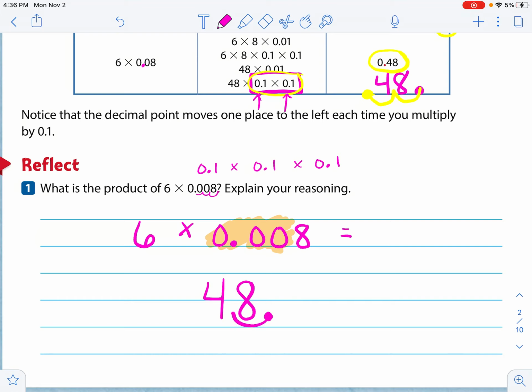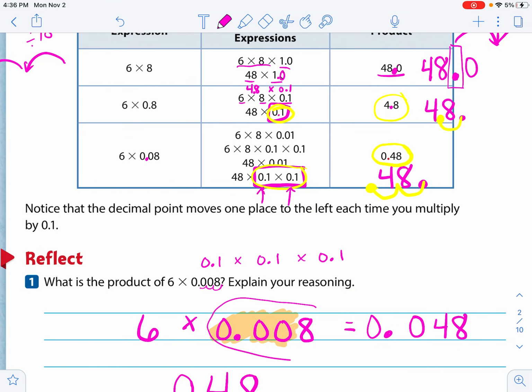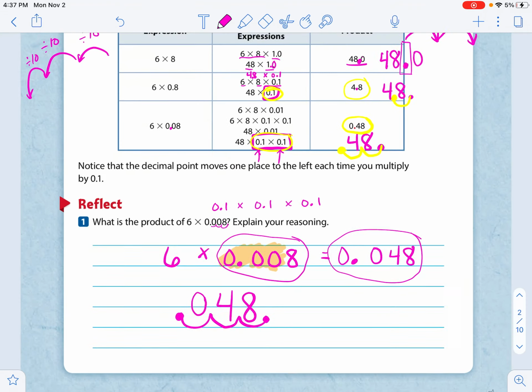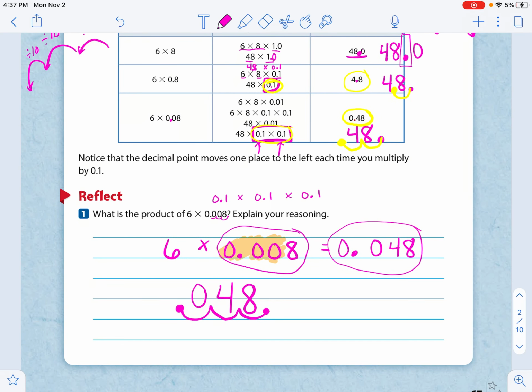So we're going to go 1, 2, 3 places and put in our 0 in that place value holder. So our answer to this one is now 48 thousandths. Each time this number gets smaller, this one will too, by that many places. I know this is tricky. Don't stress. We are going to go over this with you.